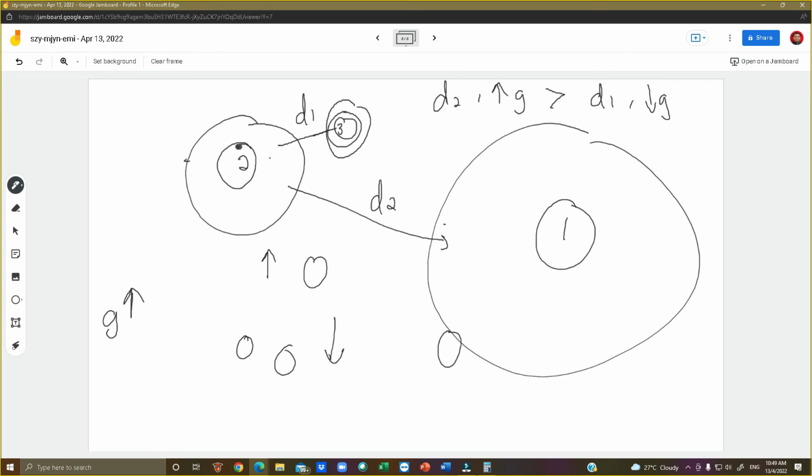bulan ditarik ke bumi because bumi have more mass compared to bulan and the distance is near. Okay, because dia near, dia ada tarikan, but the tarikan tidaklah sekuat tarikan matahari. Okay, matahari lagi besar, it has more mass, it has more gravitation.